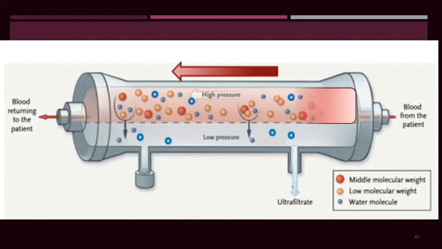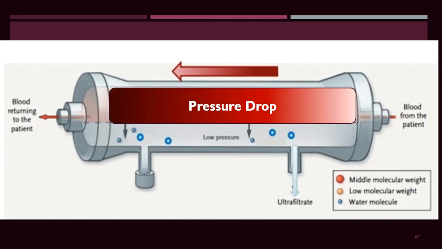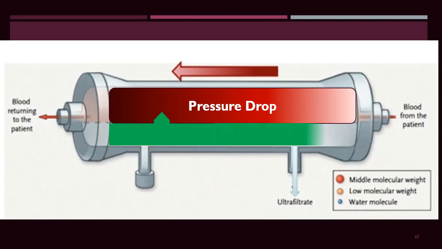In high flux, there is back filtration. So the patient is infused with 6 to 8 liters of dialysate during a single session of hemodialysis with high flux. So it's important to protect that from impurities and endotoxin.